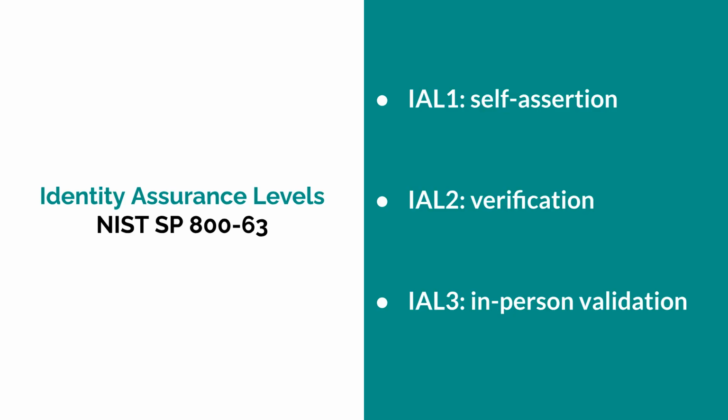Identity Assurance Level 1, IAL1. Users rely solely on self-assertion. While there is no external verification, users' asserted identities are accepted, allowing for the entry of fictitious information during registration. Moving up to Identity Assurance Level 2, IAL2, verification becomes mandatory.